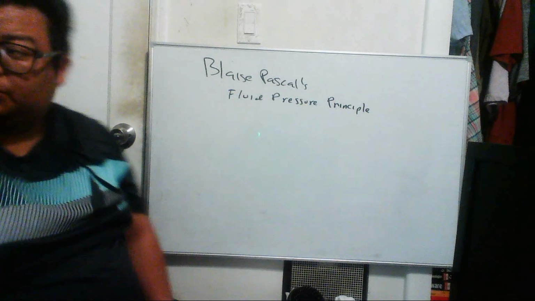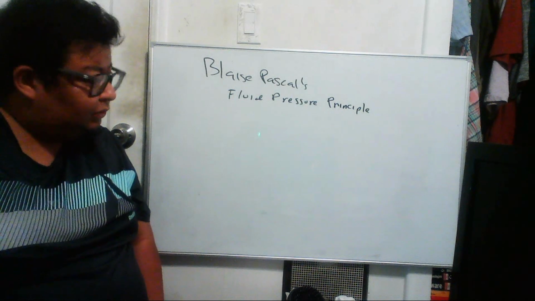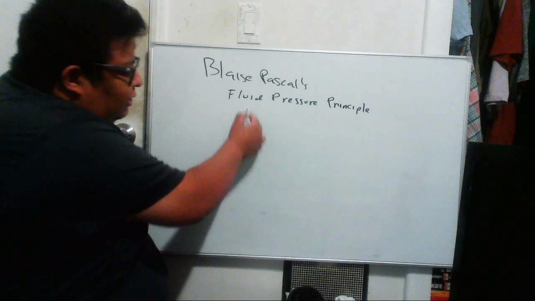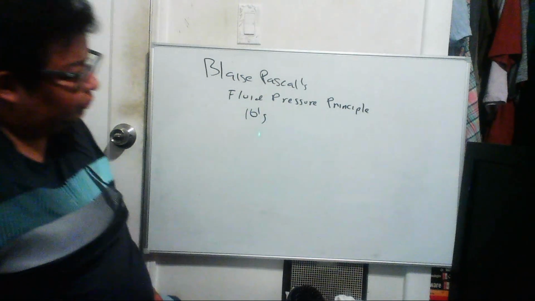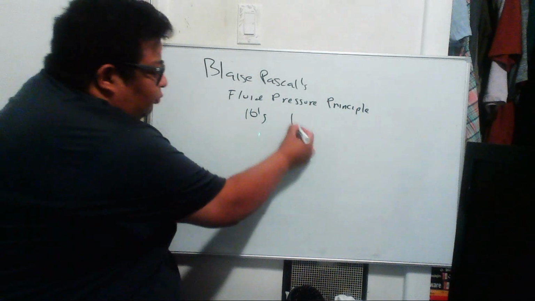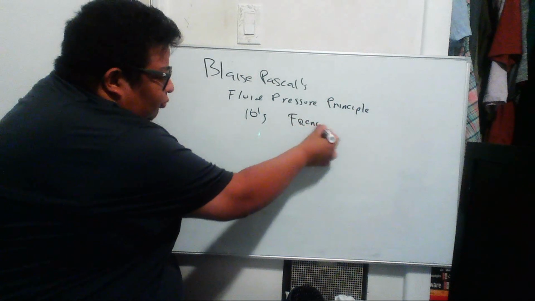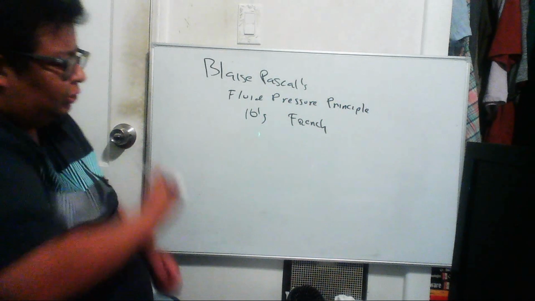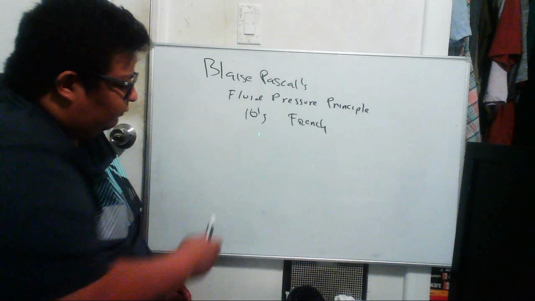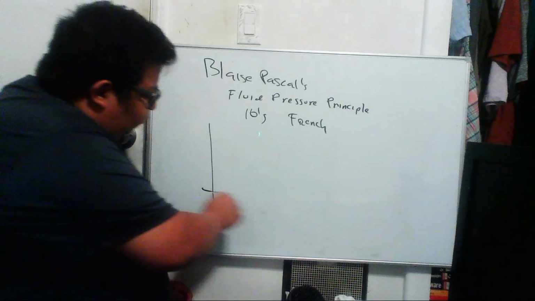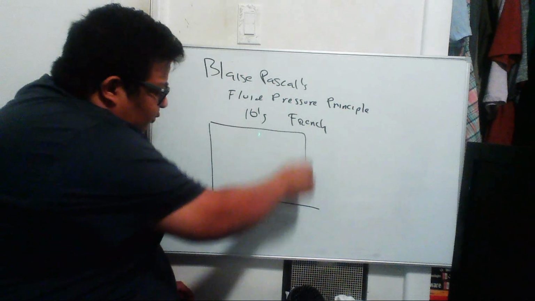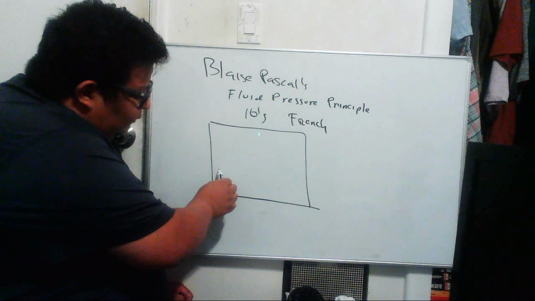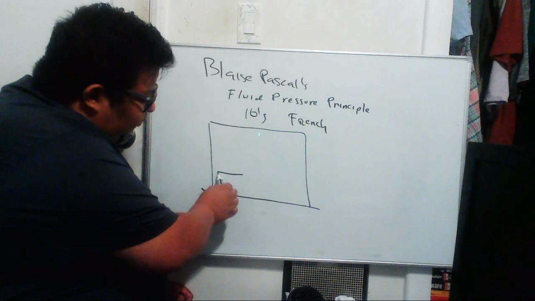So Blaise Pascal was a French mathematician. He lived in the 1600s. So he said that if you have, let's say you have a tank, a fluid tank, and then you have horizontals.